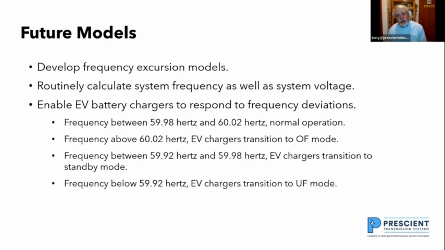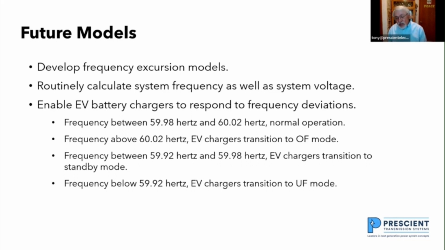In the near future, let's say 2040, that's not that far away, right? We're thinking there's going to be millions of EVs out there that are connected to the system at various times. So if the frequency is between 59.98 hertz and 60.02 hertz, all my electric vehicles would operate in a normal mode.